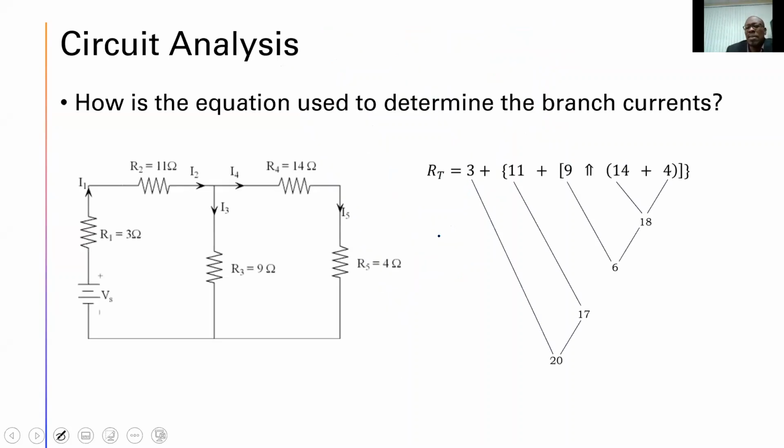Now, let's test the usefulness of using this resistance equation. Here I have the same circuit. This is the resistance equation, and we are going to make Vs 120 volts. How do we use that in finding the currents in all these resistors? Let's get started.